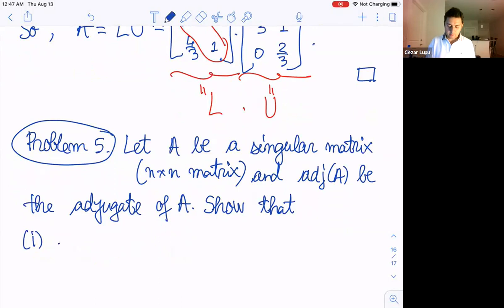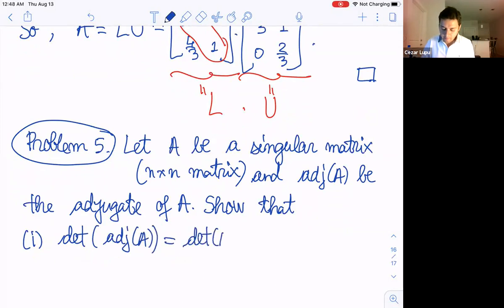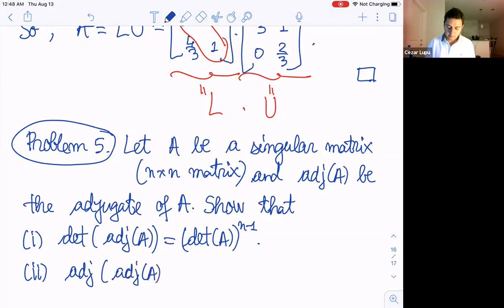The determinant of the adjugate of A is nothing else than just the determinant of A, everything to the power n minus 1. And then the second part is to show that the adjugate of A is nothing else than just the determinant of A to the power n minus 2 times A.